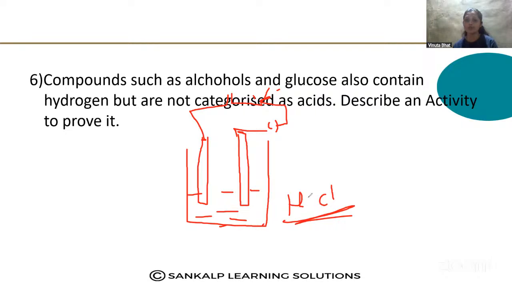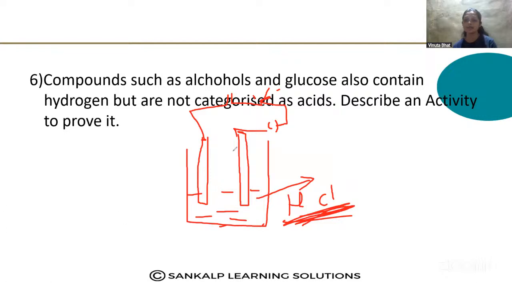But when you use glucose or alcohol, just change the solution to alcohol or glucose. Then the bulb is not glowing here. So what is the reason behind this? This is the activity that you have to explain.